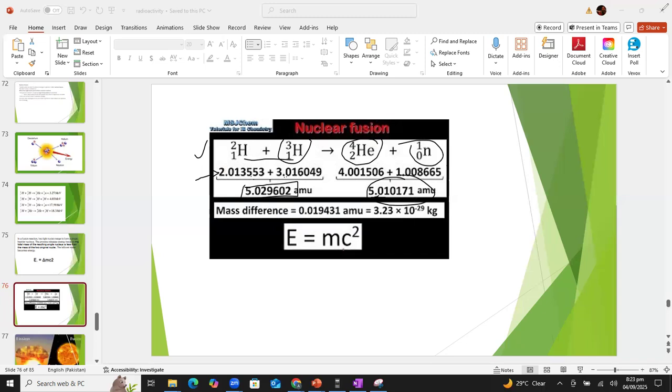This mass difference is called mass defect. Mass defect means this mass will be converted into energy.